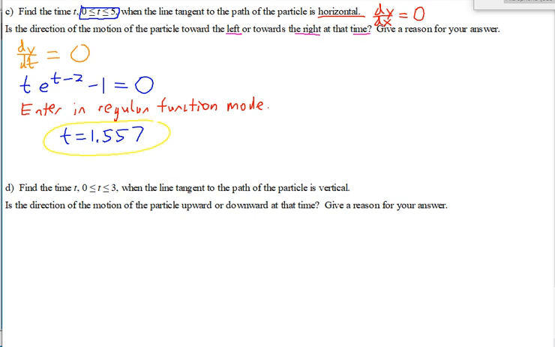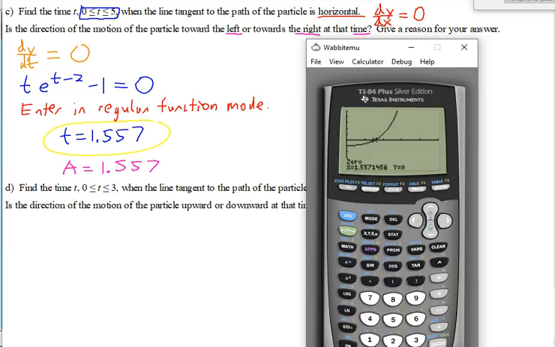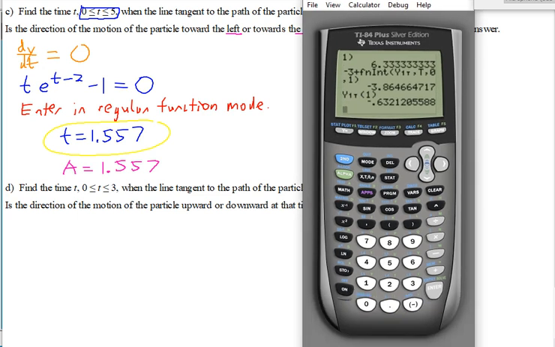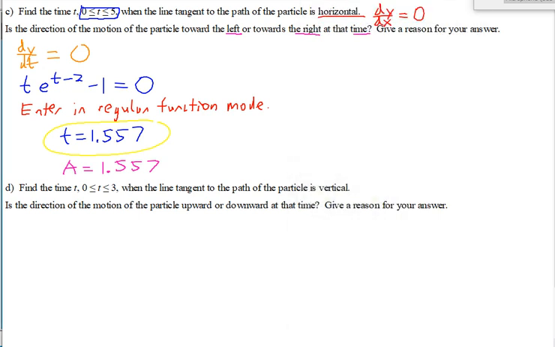So, because we need to use this time, let's store it in our calculator. I'll call it A, 1.557. I'll store it, and then we'll see how we get the same thing on the Inspire. So second quit, again, store alpha A, enter. And then we'll go to the Inspire and figure out the same thing before we do the second part of this problem.